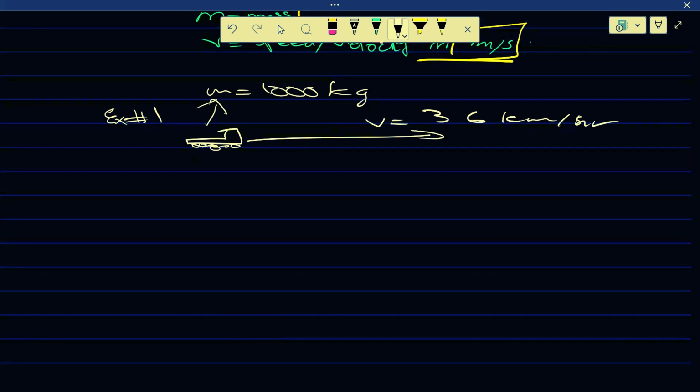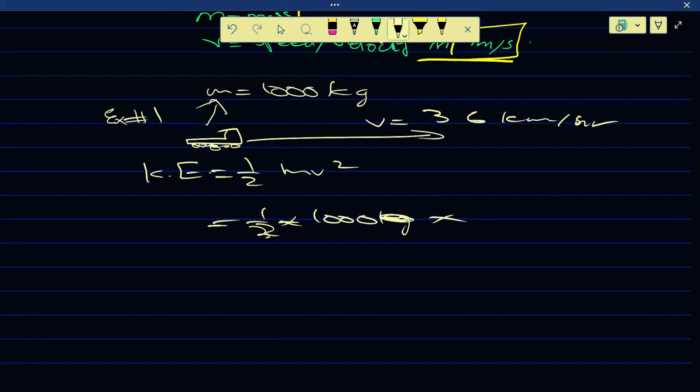What we have to do is find the kinetic energy. So what does K stand for? It stands for 1 upon 2 mv square, right? So, 1 upon 2. What is the mass? Mass is 1000 kg, and we don't usually write the units in this multiplication. And what is v? v is 36 kilometers per hour.